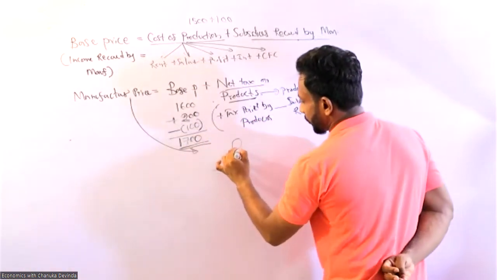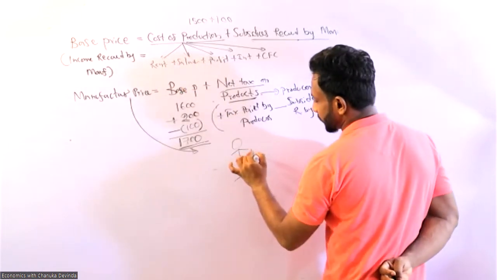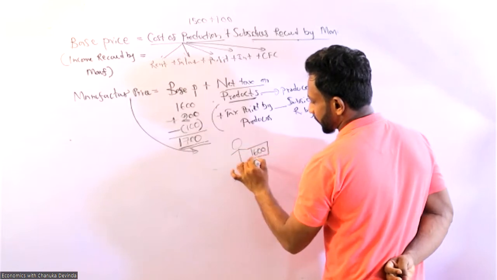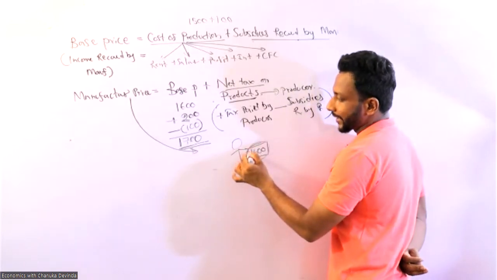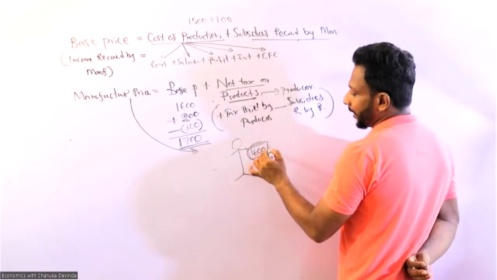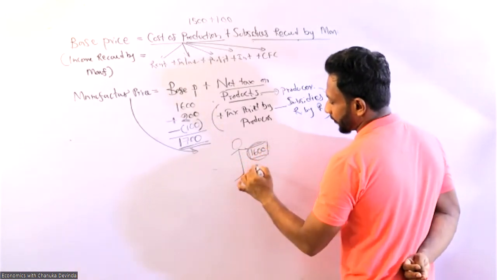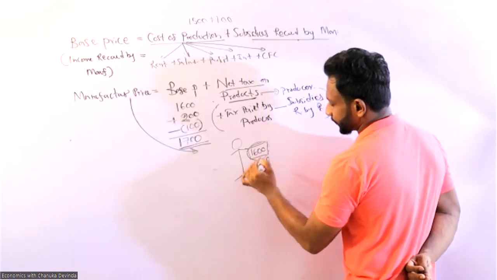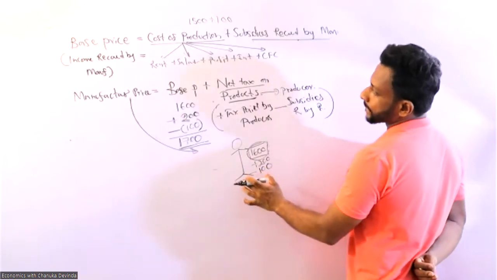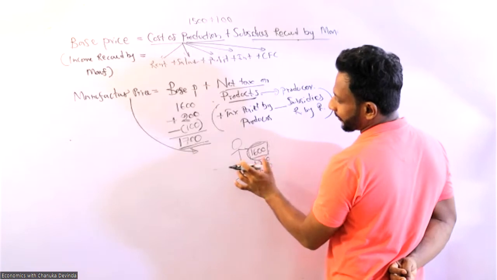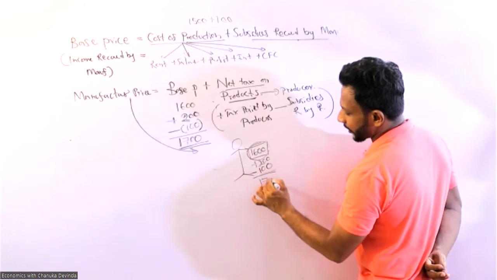Let's say the manufacturer is expecting the base price, that means 1600, to receive by himself, but he knows that he has to pay 200 tax, that should be added, and he received 100 subsidy. So now he can sell the product at 1700, right?